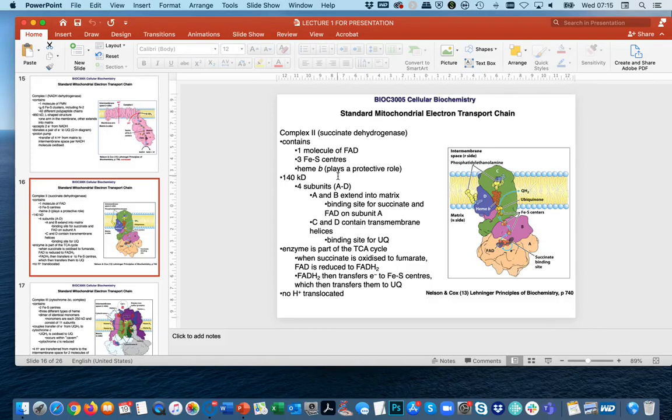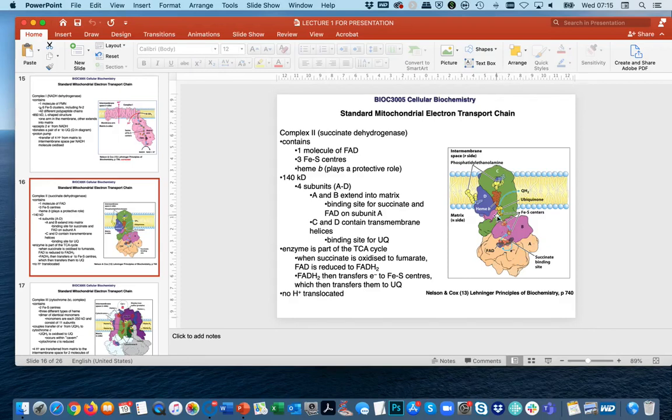Okay, so complex 2 is smaller than complex 1. It's made up of 4 subunits, and they're illustrated as A through D in the figure. So A and B extend into the matrix, and that's where the binding sites are for succinate, and also where the FAD molecule is, so that's the FAD that gets reduced to FADH2.